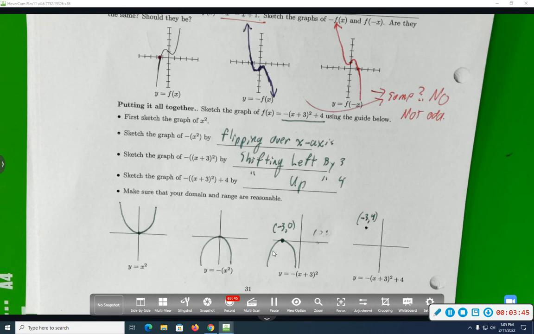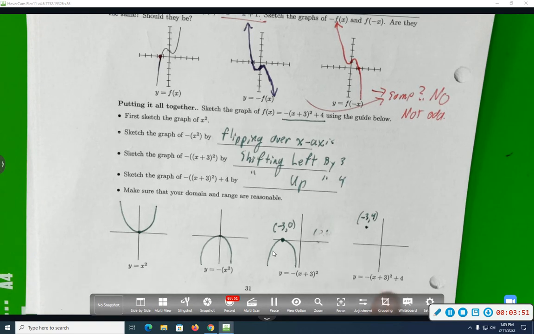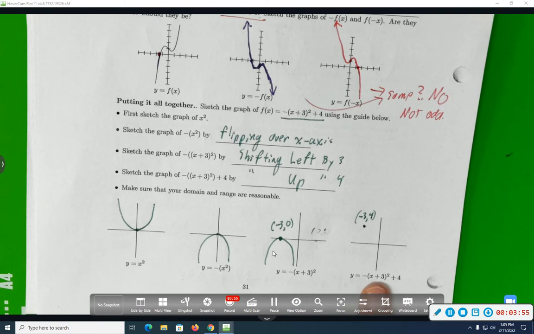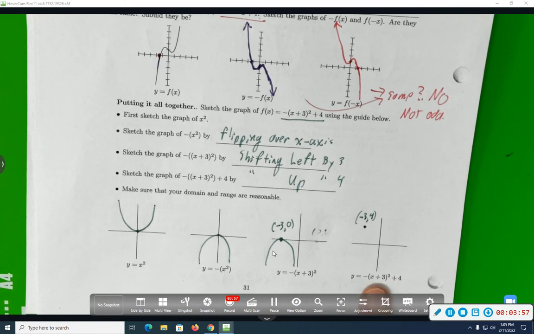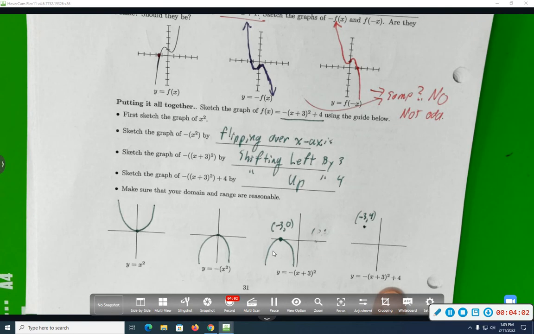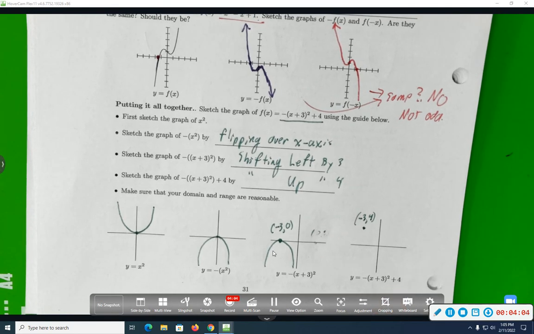How do you compute the Y-intercept? Plug in x equals 0. So let's plug in x equals 0. So I'll have minus, see, 0 plus 3 is 3 squared is 9. So minus 9 plus 4. Is that positive or negative? Negative. And that's all I'm going to be able to detect here.